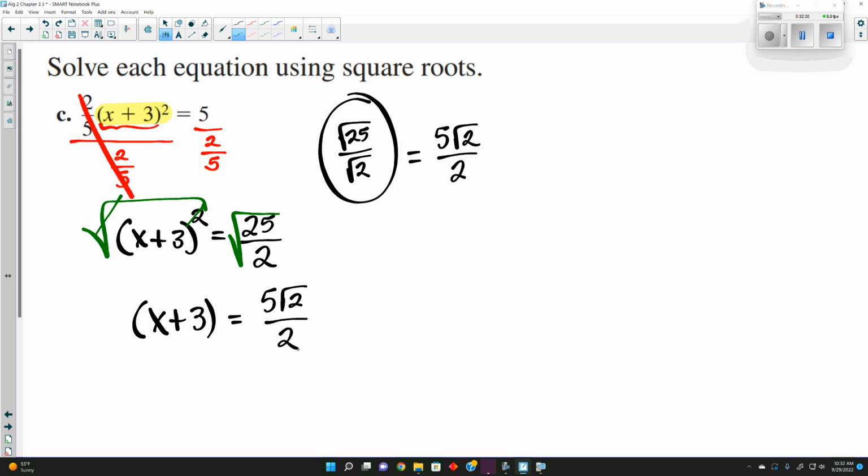You'll need to do it separate for the yellow calculators, top and the bottom. Because if we do it separate, we would get 5 over the square root of 2. And to rationalize that, we get 5 square root of 2 over 2.